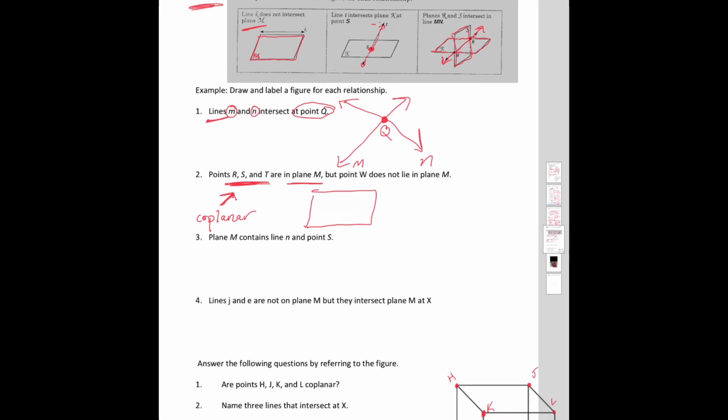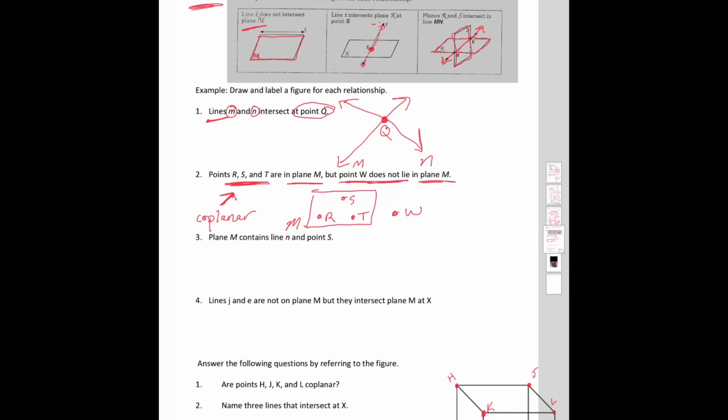Remember, capital script letter M. And points R, S, and T are in the plane, so they're coplanar. We could really draw them anywhere. R, S, and T. And then it says point W does not lie in plane M. So all we have to do is draw this point outside of the plane somewhere.